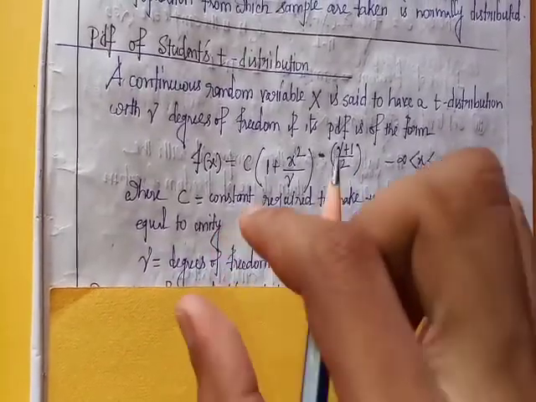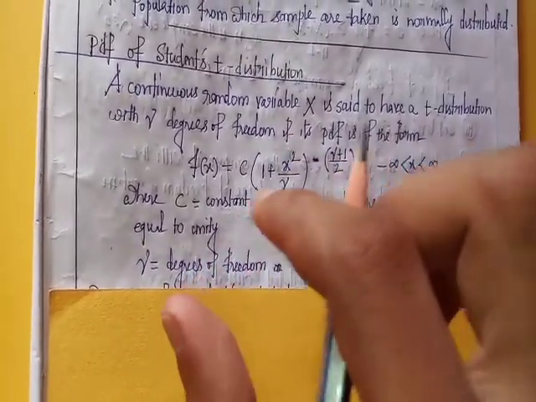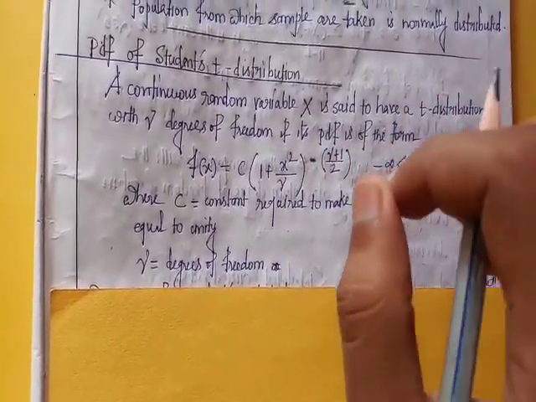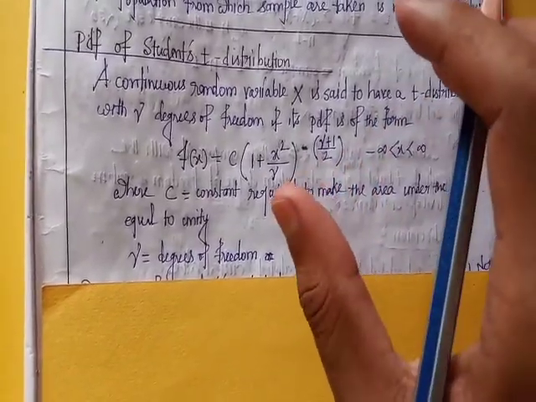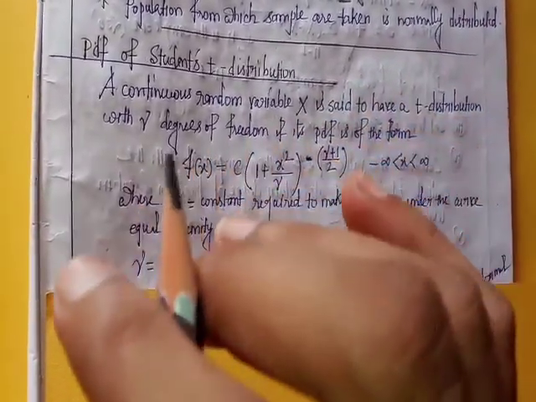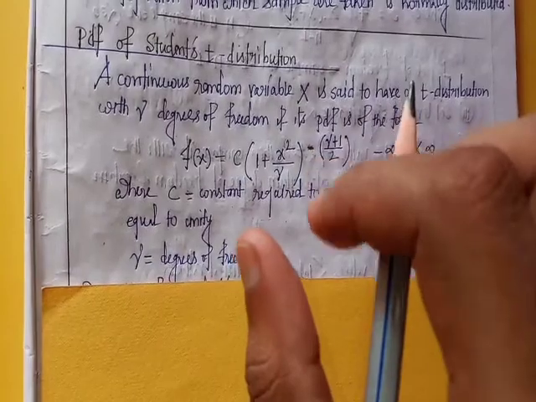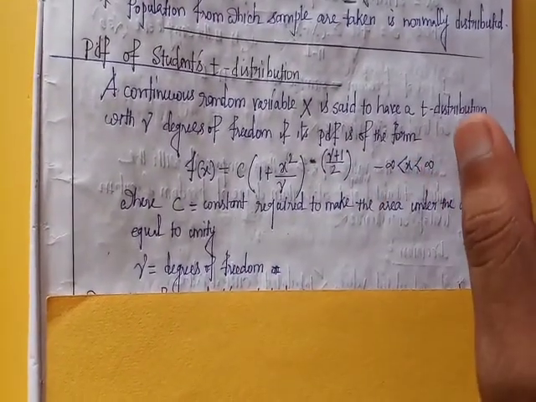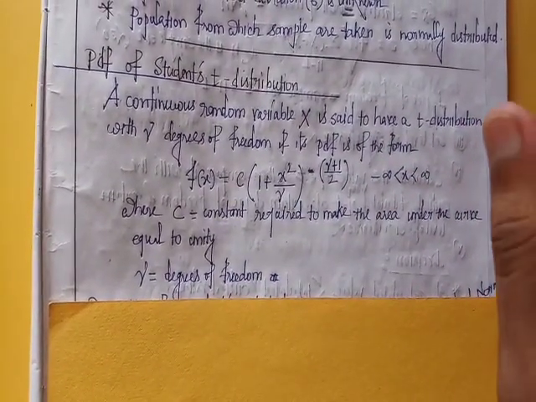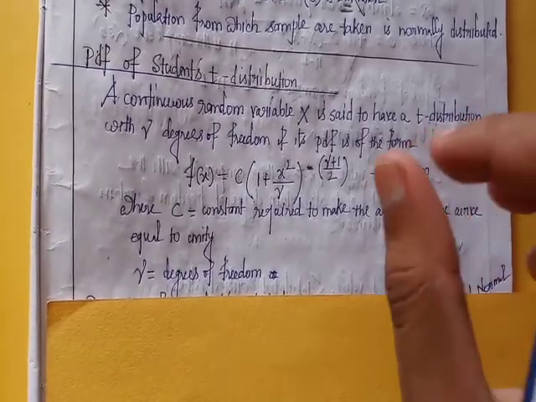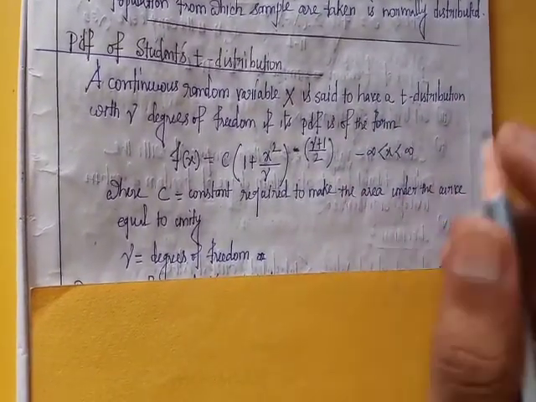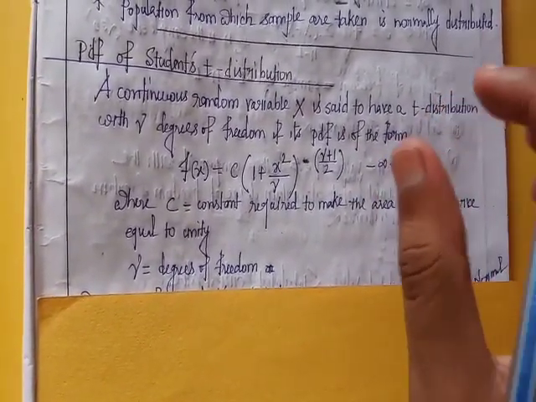For single sample, the formula of degrees of freedom is sample size minus 1. For two dependent samples, the formula of degrees of freedom is n minus 1, meaning sample size minus 1.